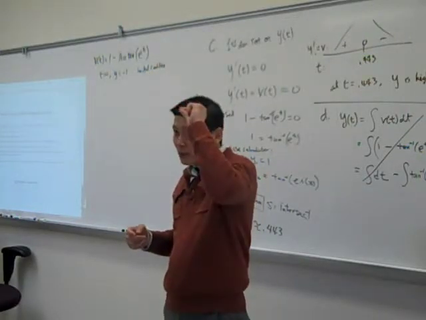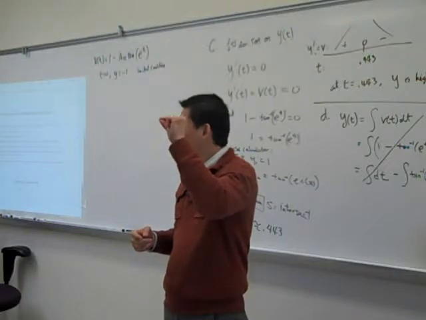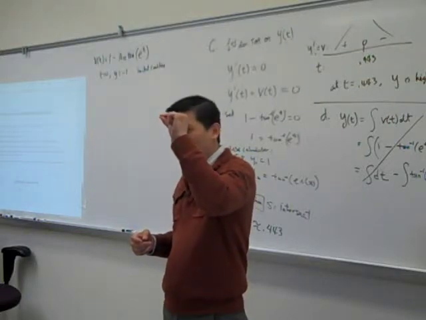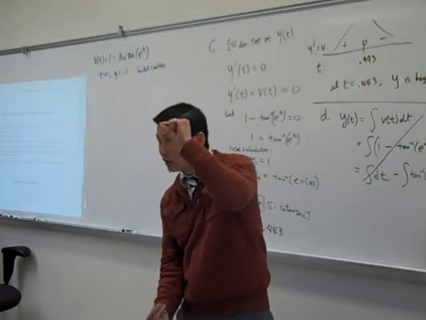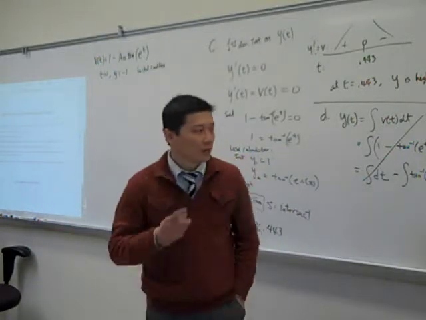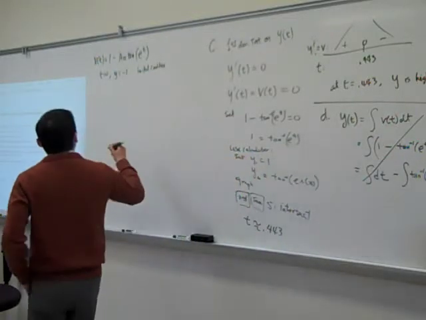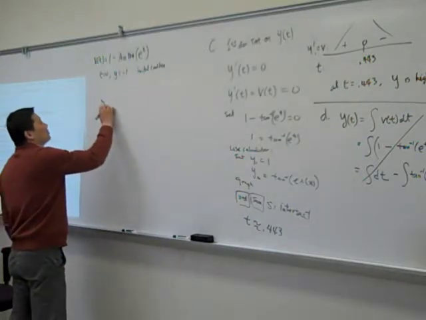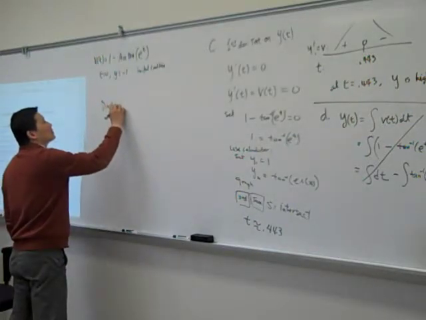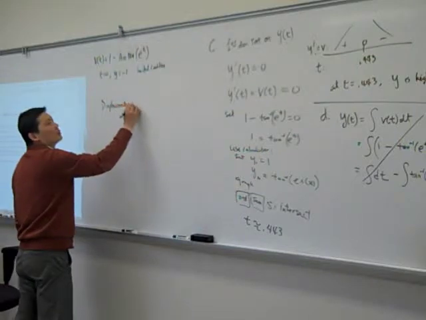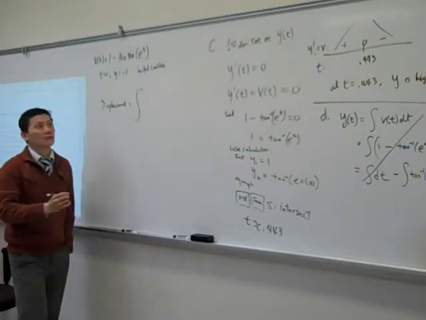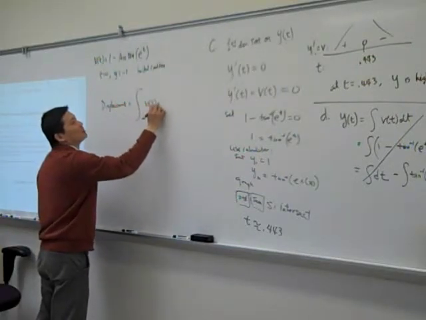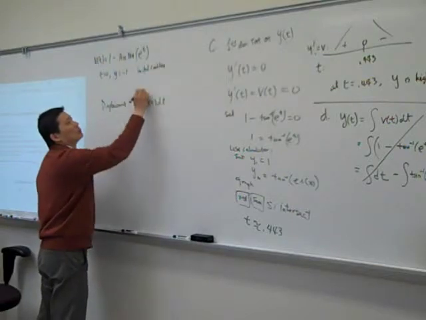If my original position is at 3 and I'm displaced by -5, where am I? I'm down here now, right? So this is the thing. Displacement is equal to the integral of v of t dt from time 1 to time 2.